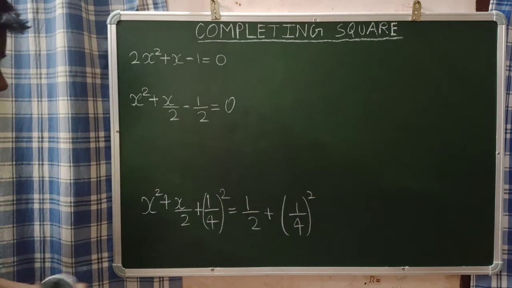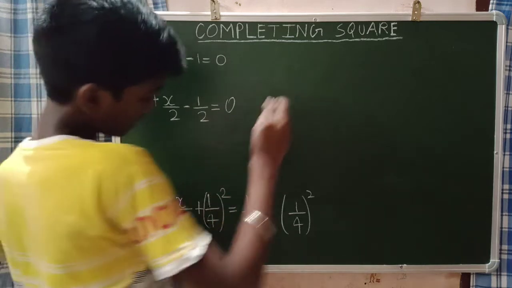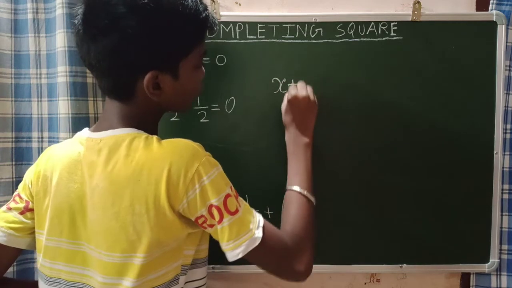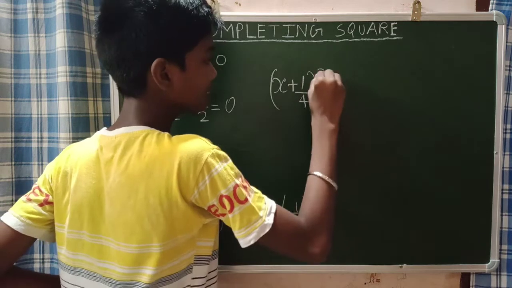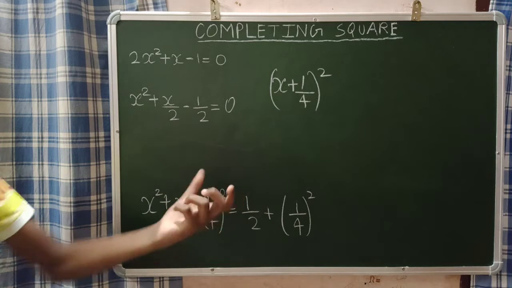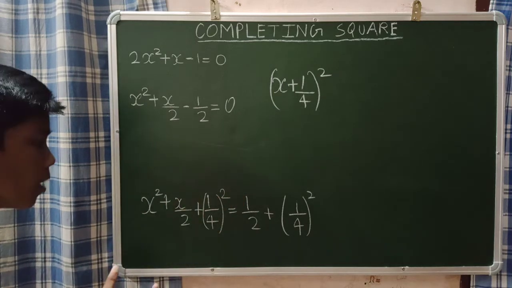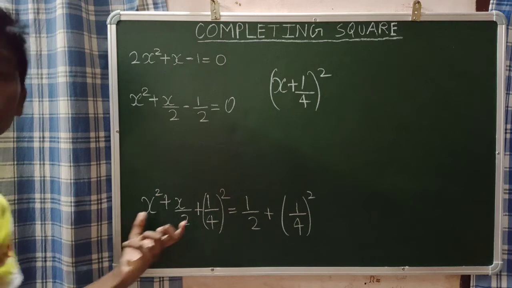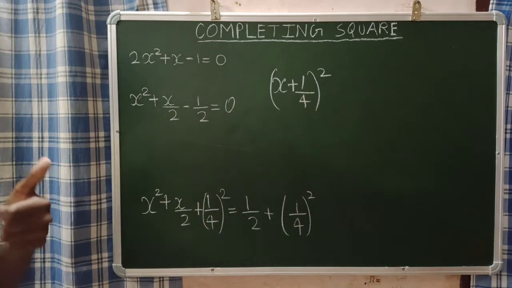Can't I write this LHS as x plus 1 by 4 whole square? Think carefully: can't I write x square plus x by 2 plus (1 by 4) whole square as (x plus 1 by 4) whole square? Because this looks like the form a square plus 2ab plus b square, which is nothing but (a plus b) whole square. Correct now?